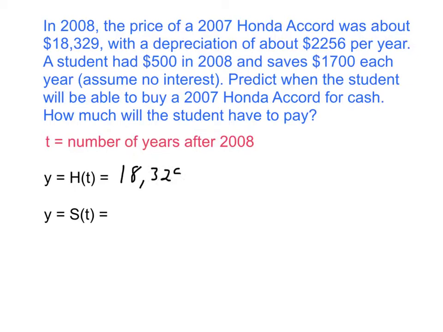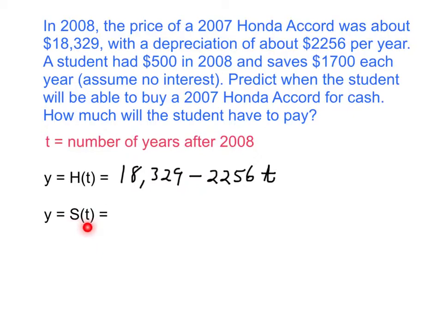So we could say that the price of that Honda will be $18,329 minus $22.56 times t, where t is the number of years that have passed, because the price is going to go down by $22.56 each year. Now, as far as the second equation, S represents the savings that the student has made.